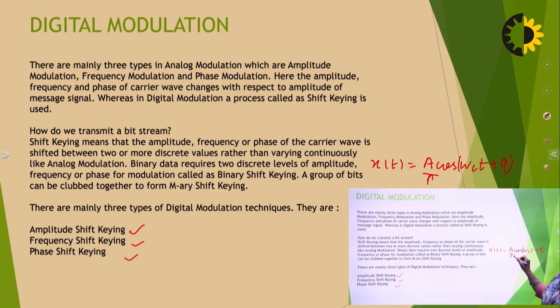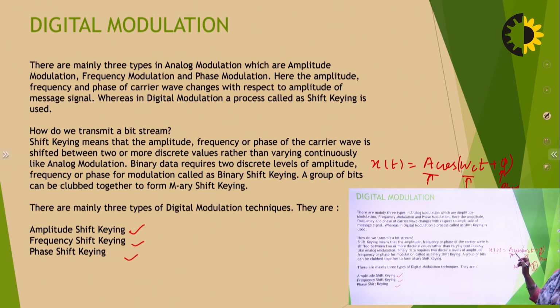A is the amplitude. Omega can be represented as 2πf, so it is basically the frequency. And this phi is basically the phase. So any signal is comprised of amplitude, frequency and phase.